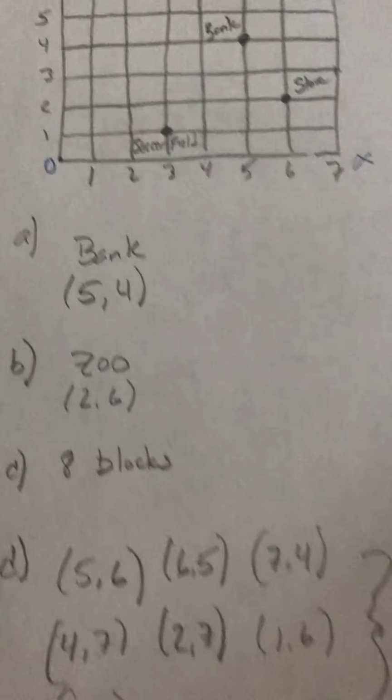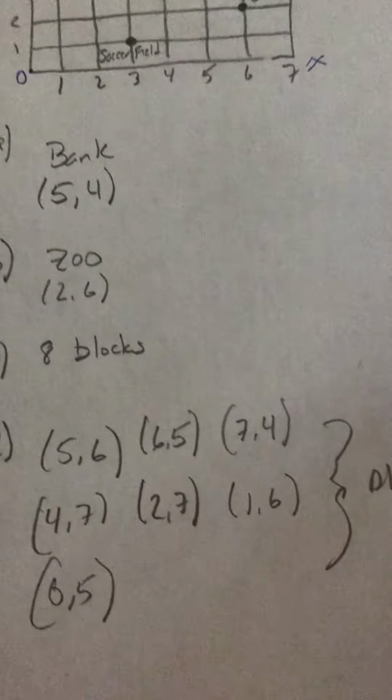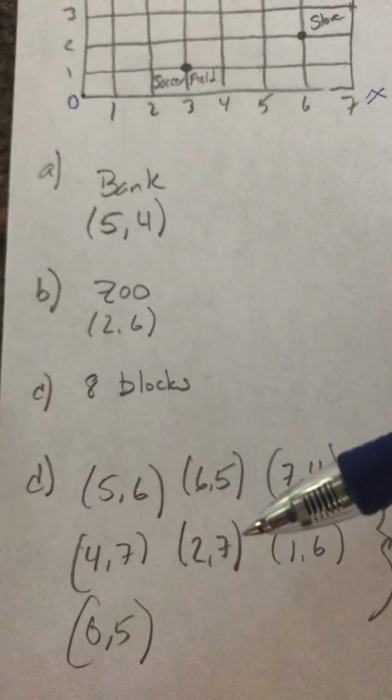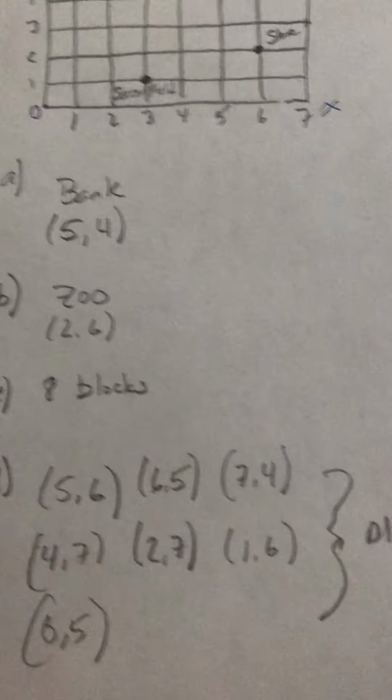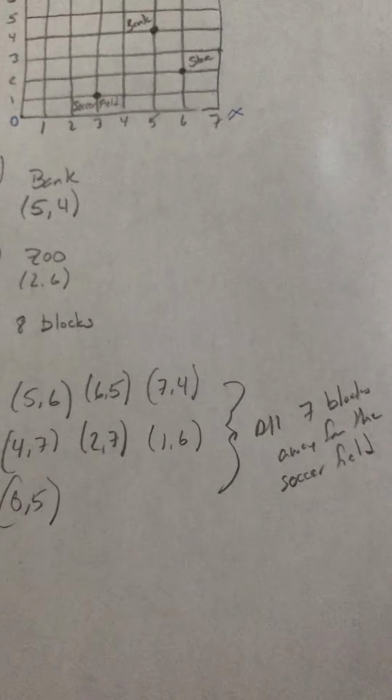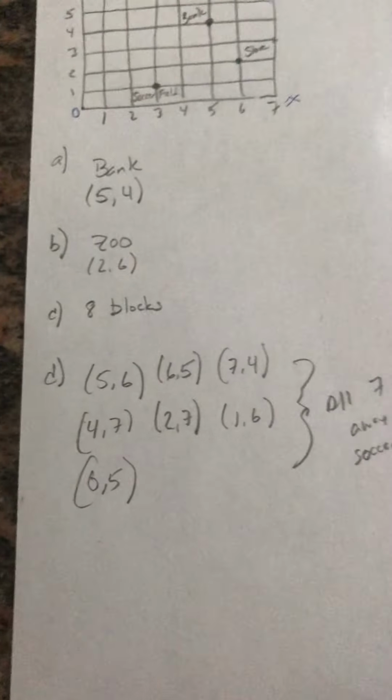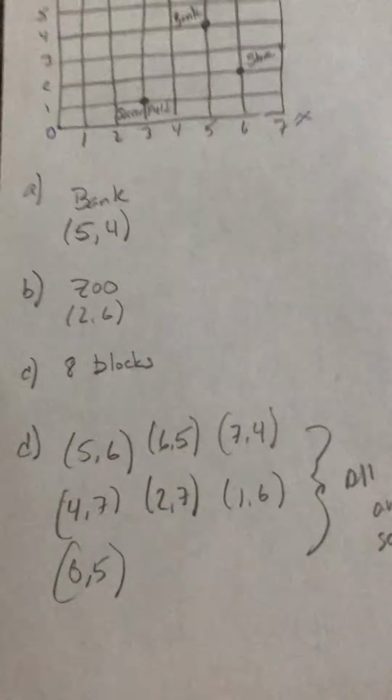So if we look here, here are some of them that I came up with. So 5, 6 would be an option, 6, 5 would be an option, 7, 4, 4, 7, 2, 7, and 1, 6, and 0, 5. So those are all 7 blocks away from the soccer field. So any of those would be a possible answer for this.